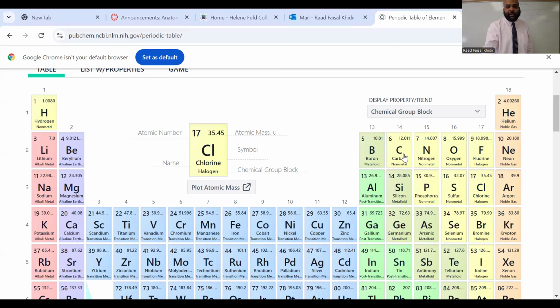Carbon is 12, so I multiply 6 by 12. Hydrogen is 1, so 12 times 1, and oxygen is 16. Then I add them all together, and that will give me the molecular weight. Any questions?